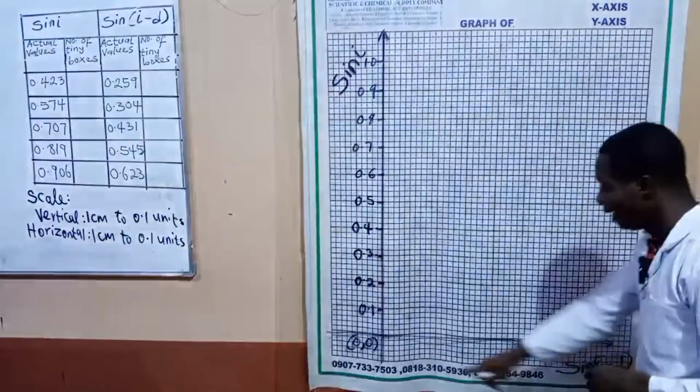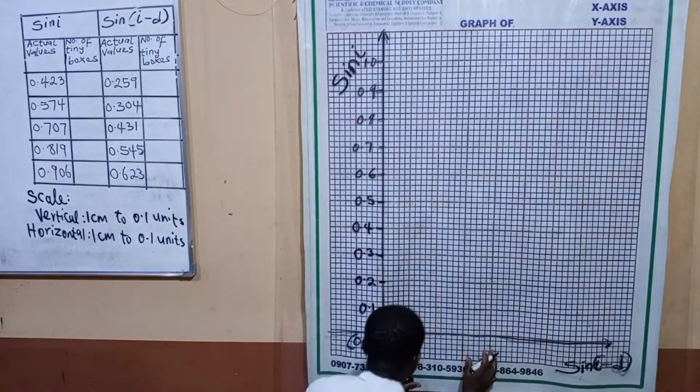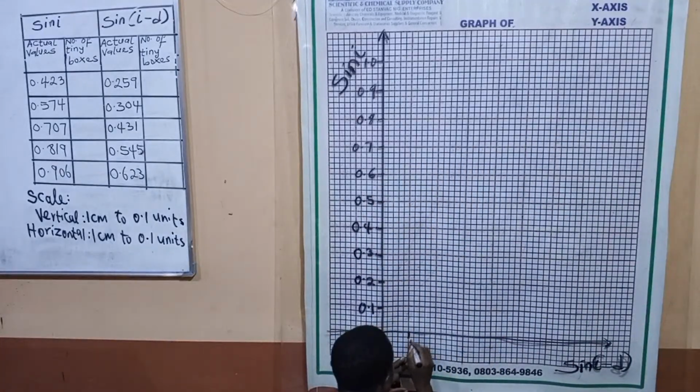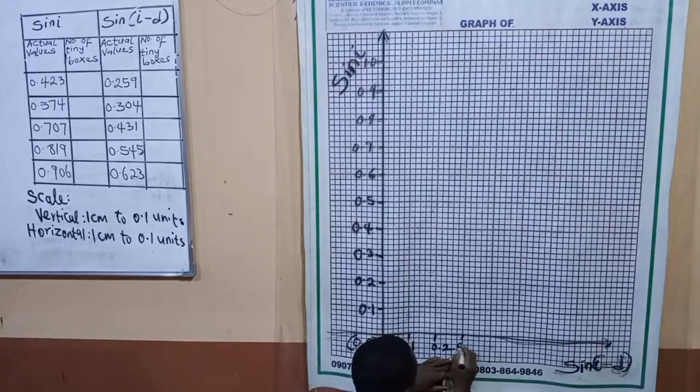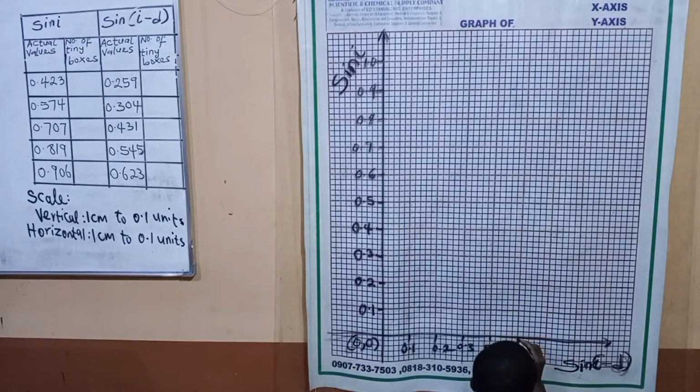All right, then let's move this way too. The same thing, 0.1. Then here we have 0.2, then 0.3, 0.4. Then we have 0.5.